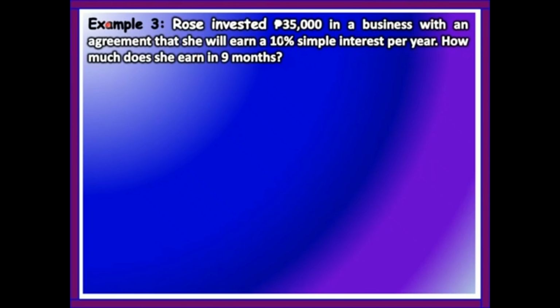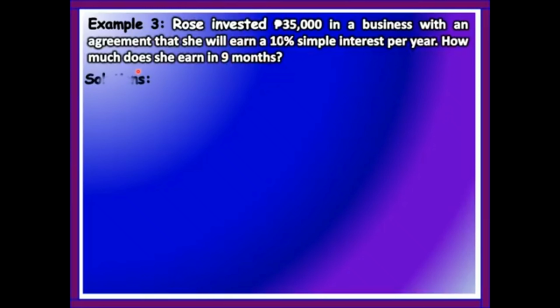Example number 3. Rose invested 35,000 pesos in a business with an agreement that she will earn a 10% simple interest per year. How much does she earn in 9 months? So the question is not in years but it is in months, so 9 months.